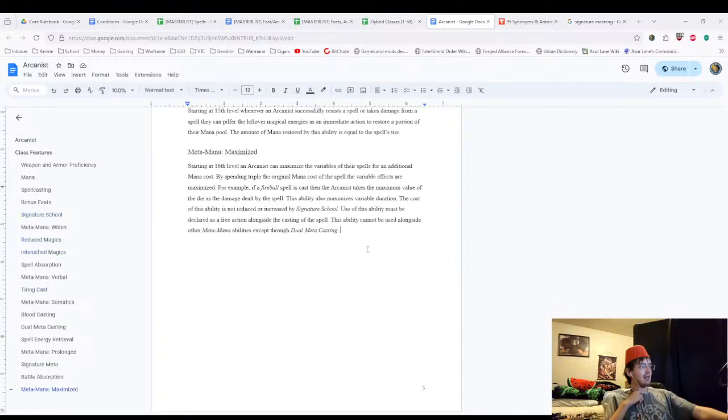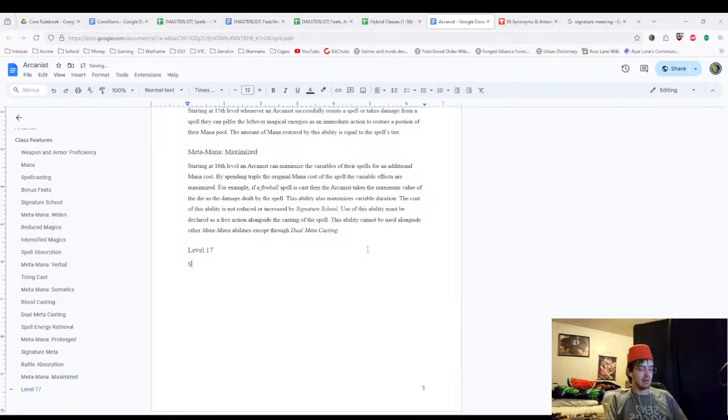Yeah, how about, let's see. Something with signature school to, again, give another little cost reduction. Another small cost reduction. But what do I call it? I don't know.